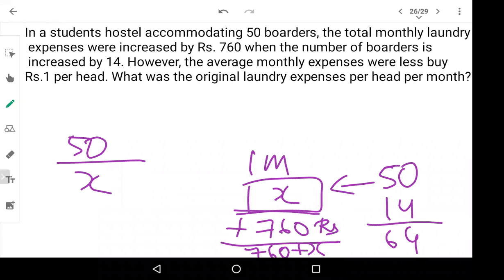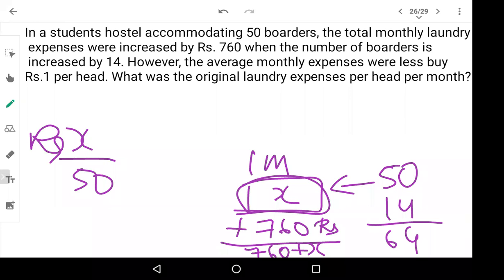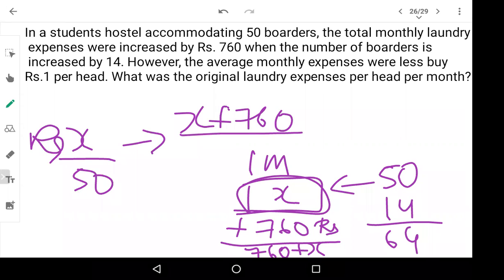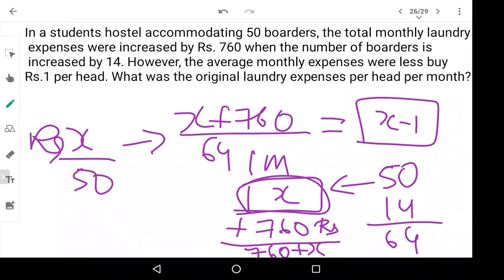Suppose the monthly cost of the laundry is x, so 50 people were sharing the monthly cost. Now the cost has increased to x plus 760, and the number of people has also increased to 64. Now this resultant is coming 1 rupee less.